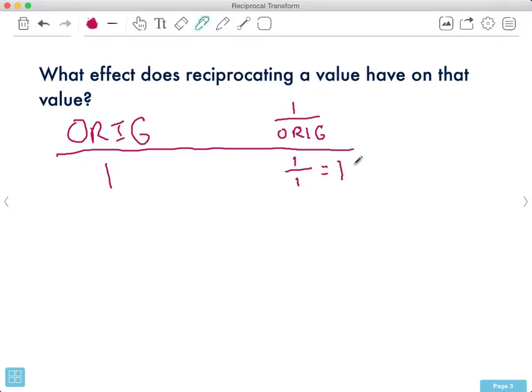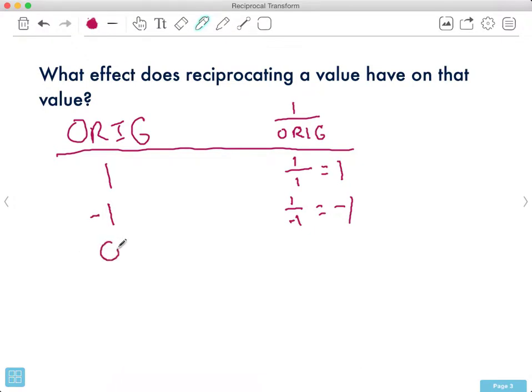So reciprocating the number 1 has no observable effect. It's the same with negative 1. When you reciprocate negative 1, you get 1 over negative 1, and 1 divided by negative 1 is negative 1. So reciprocating 1 and reciprocating negative 1 has no effect.